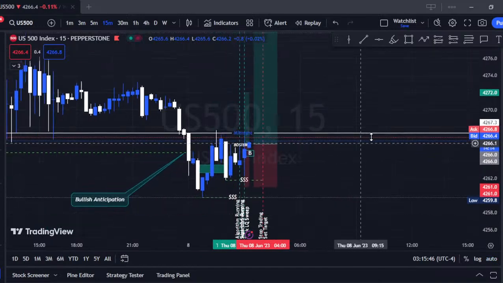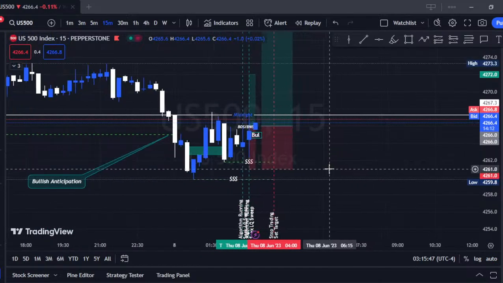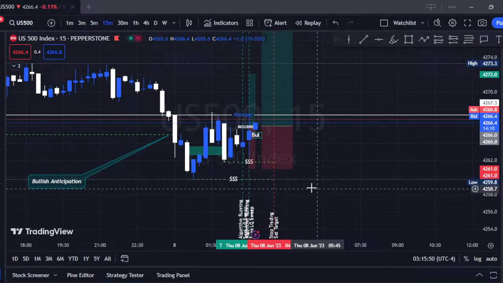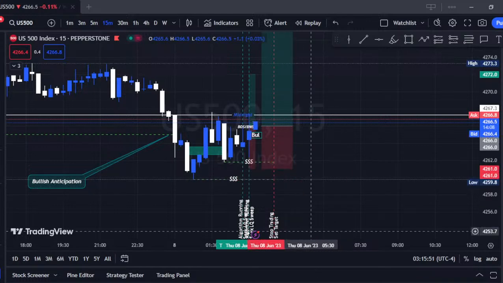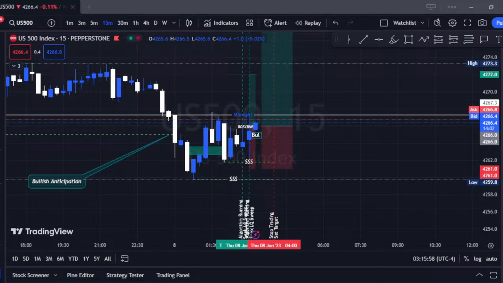I'm going to make some adjustment to my broker because it has a different price, a little bit down. It's six handles. Where's six handles? Somewhere around here. Six handles here. Okay, I am good to go now, and let's see where the price goes.